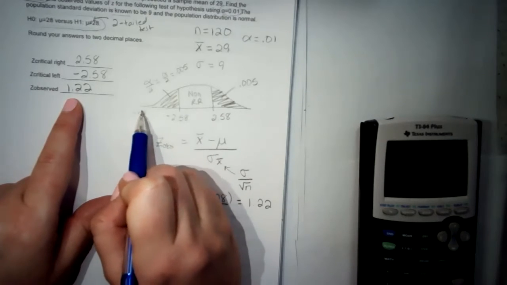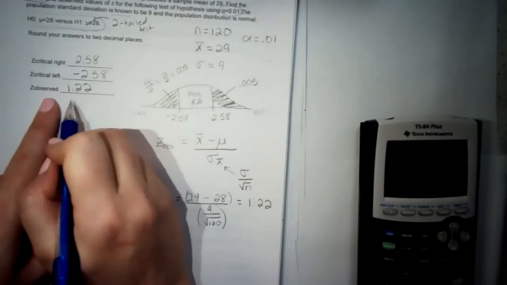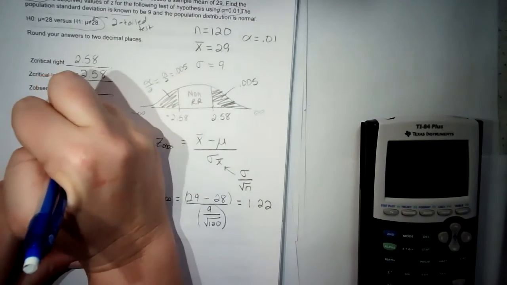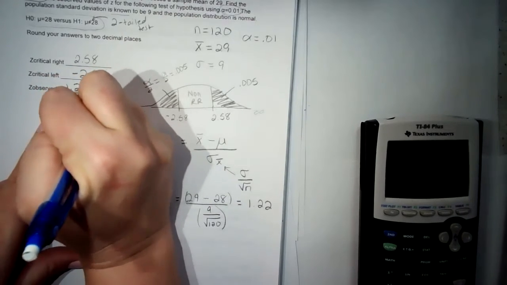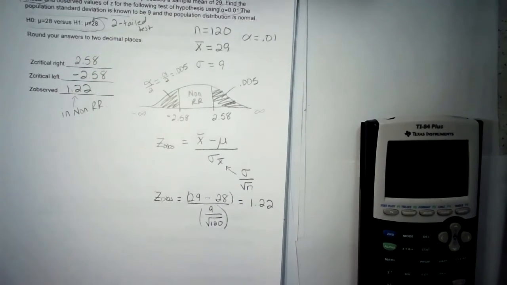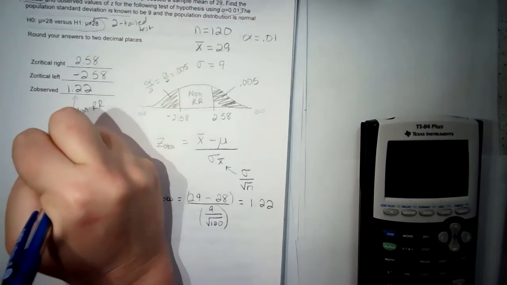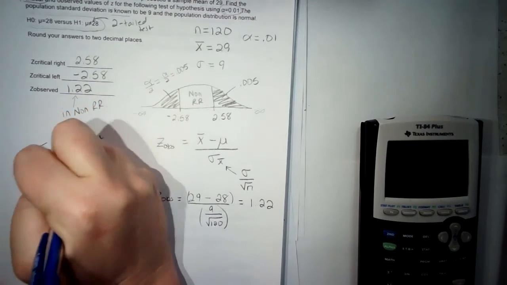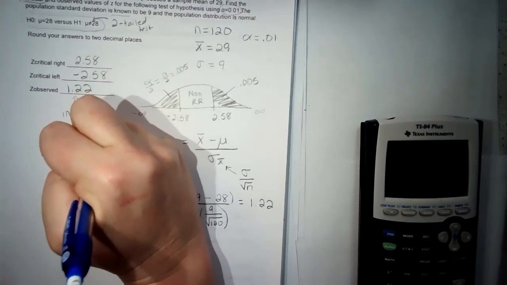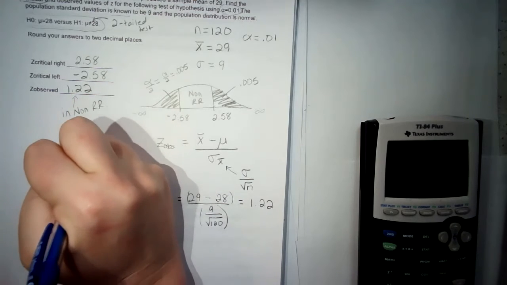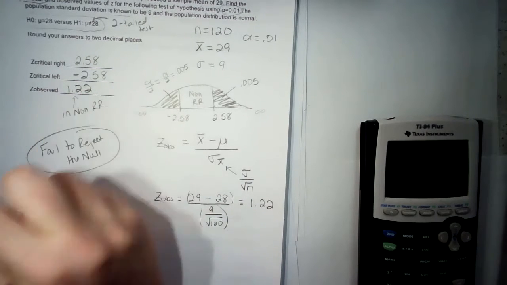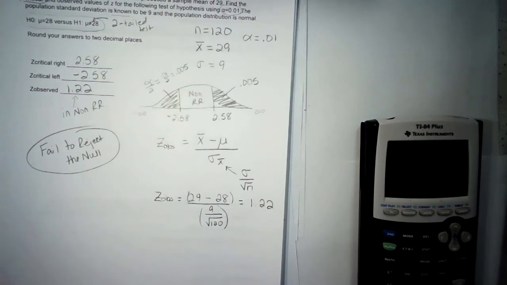Because remember, this is negative infinity, this is positive infinity. So this is in a non-rejection region. So we are going to fail to reject the null. Non-rejection means fail to reject. That would be our final statement.